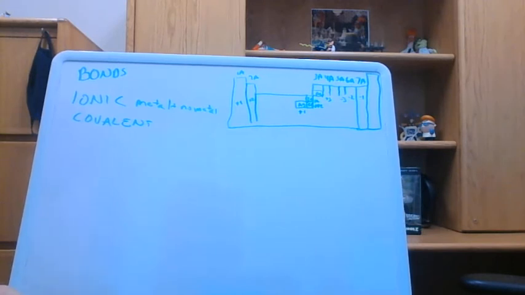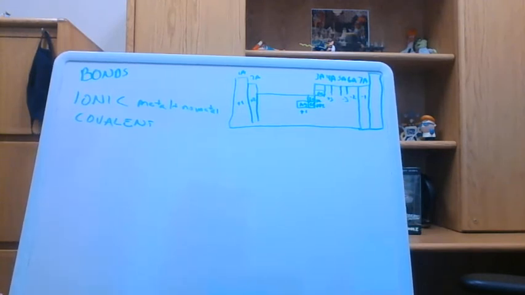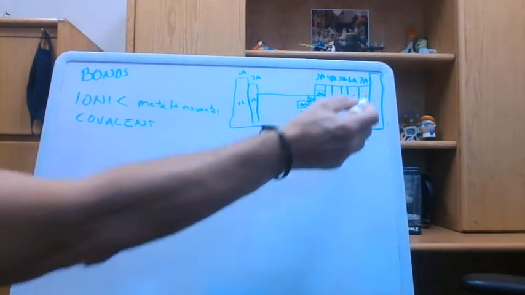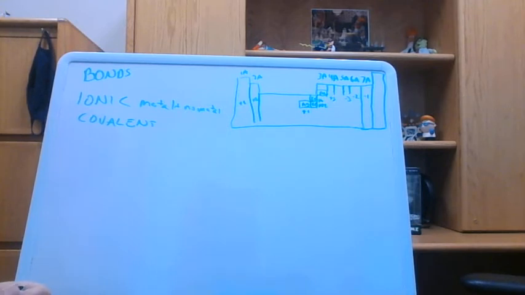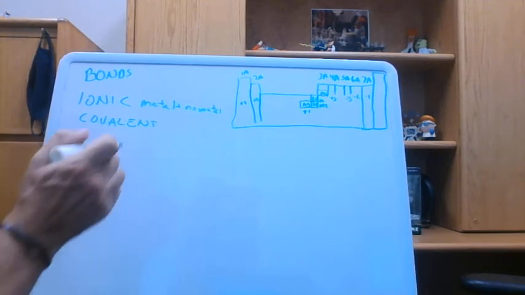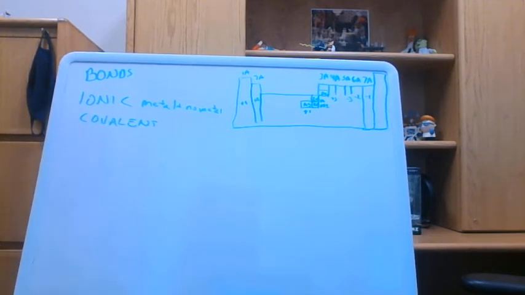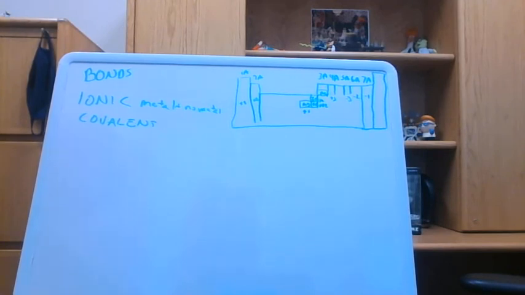And the reason is that metals tend to form cations or have positive charges, and the non-metals over here tend to form negative charges and form anions, and so then that positive charge on the cation is attracted to the negative charge on the anion, and then that electrostatic force holds those two ions together in what's called an ionic bond. And covalent bonds occur when electrons are shared instead of transferred from one thing to another.